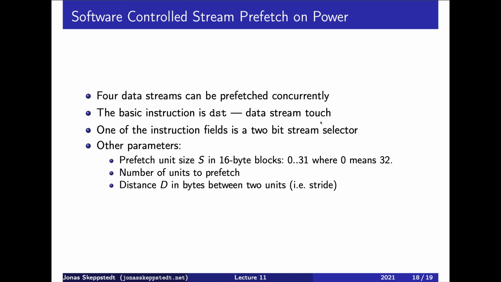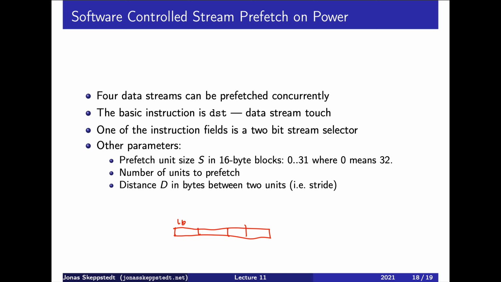Instead, we say that we want a certain number of contiguous 16-byte blocks, and here we have, say, 4 16-byte blocks.